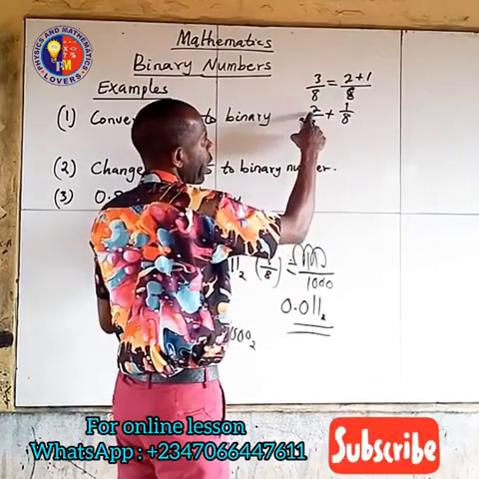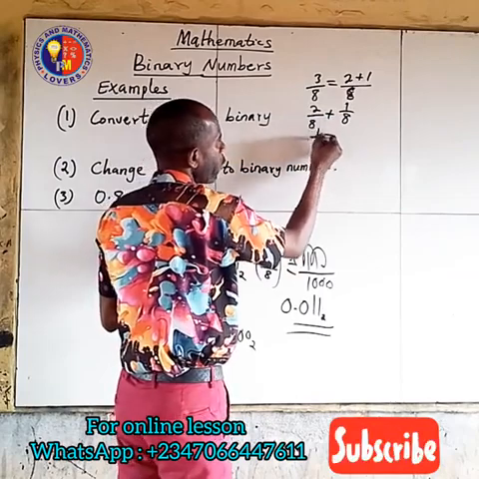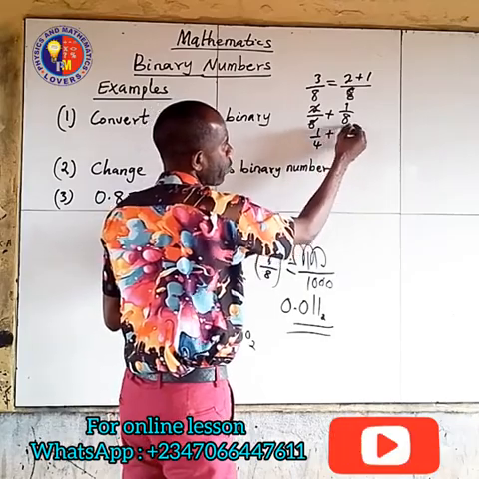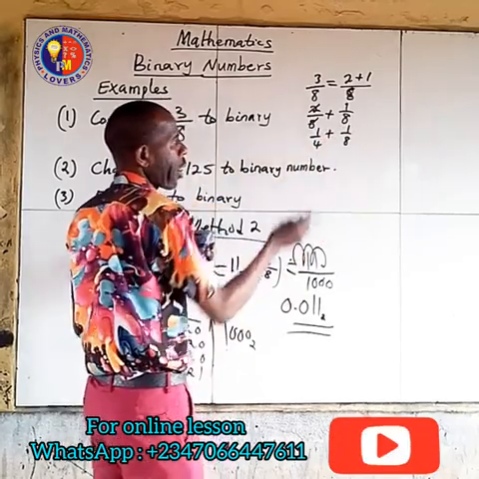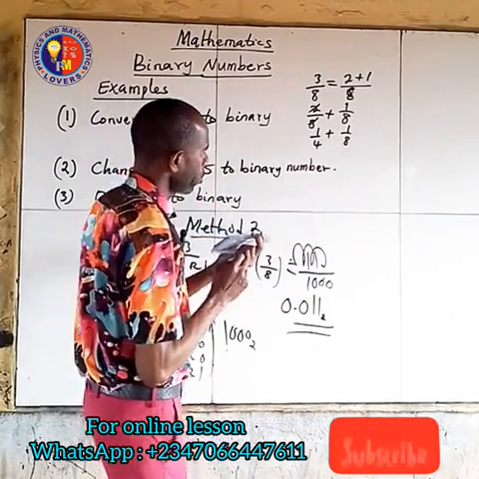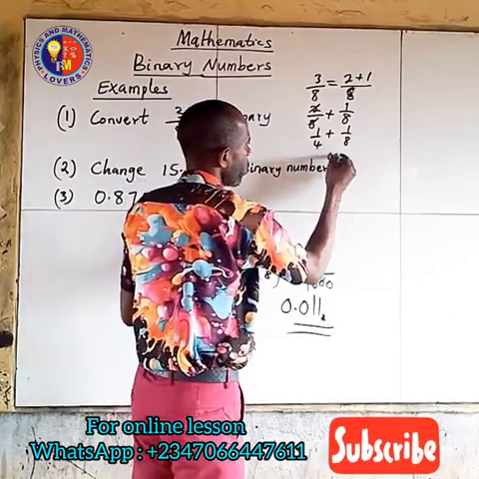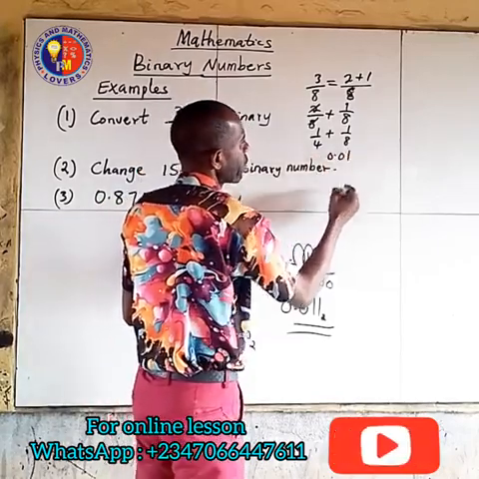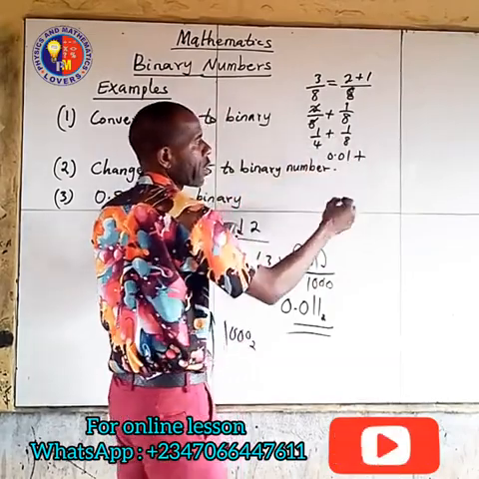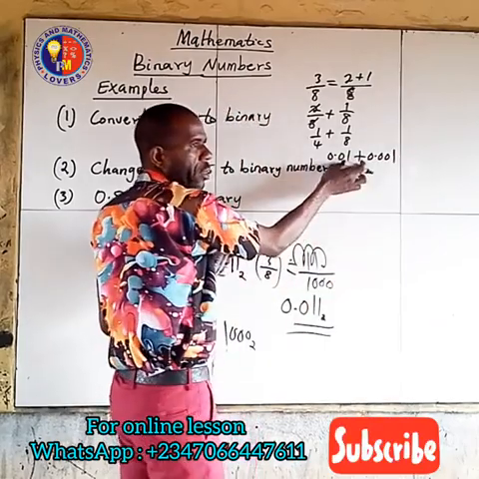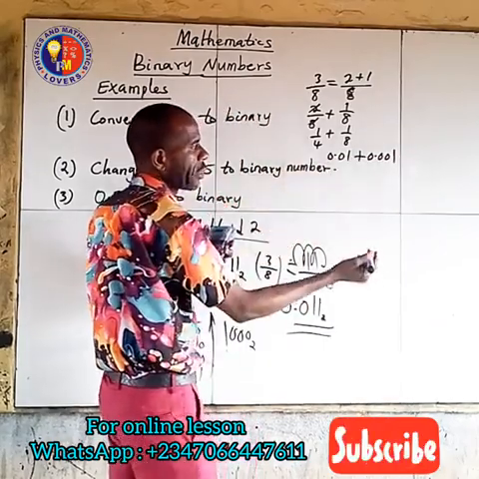So I have 1 over 4, since the 2 can cancel here, plus 1 over 8. Now we use the identities for them. We know 1 over 4, as I expressed earlier, is 0.01, and 1 over 8 is 0.001. That is it. You just need to add them up.